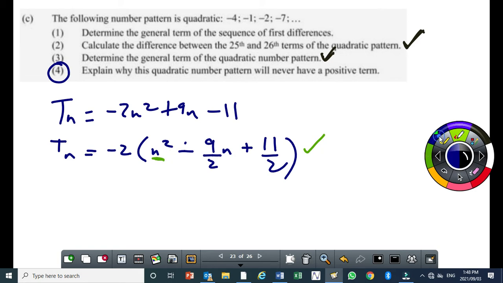Then the next thing now is to determine half of the coefficient of n. Half the coefficient of n.